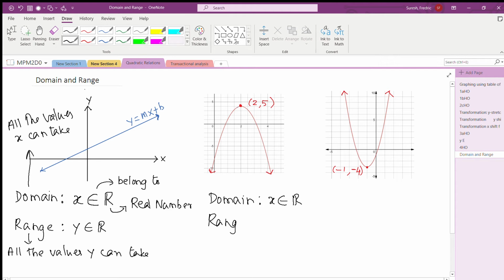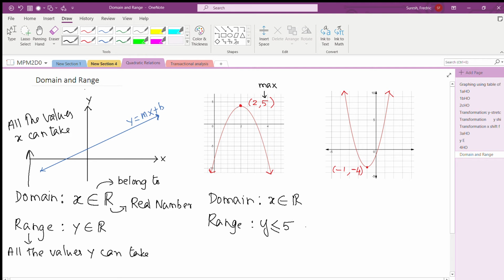Looking at this parabola, we know that it's opening down. That means that the 5 here is a max value, the maximum possible y value. Notice that the entire parabola is below the 5. So all the y values have to be smaller than 5, so we will say the y values are less than or equal to 5.